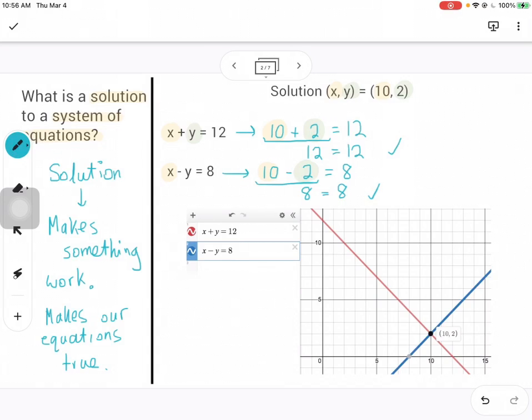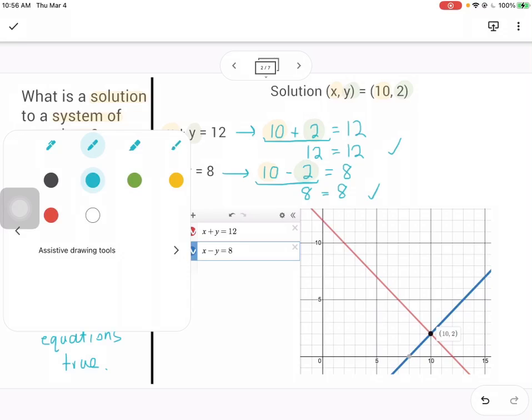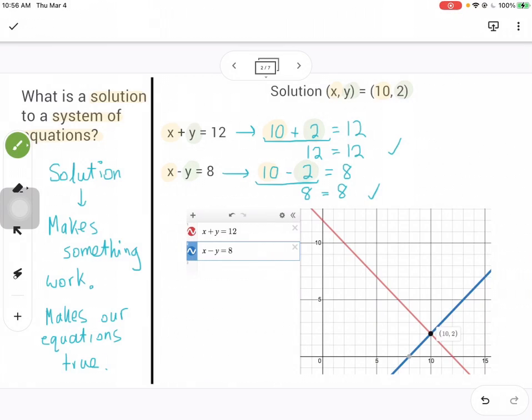Check. So, the solution to both of these equations at the same time is this point. This is the only point that will make both equations true.